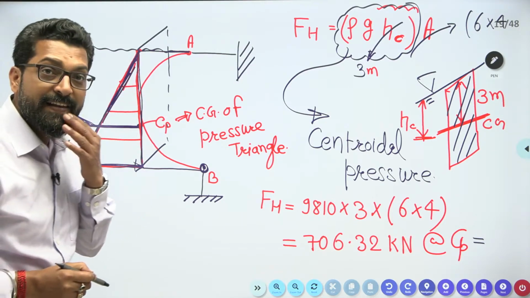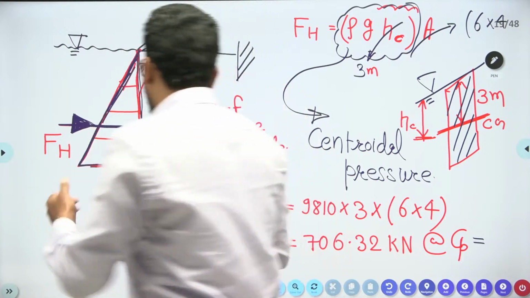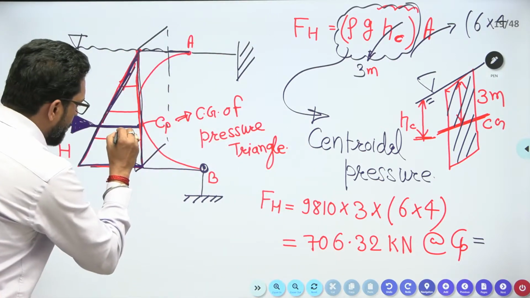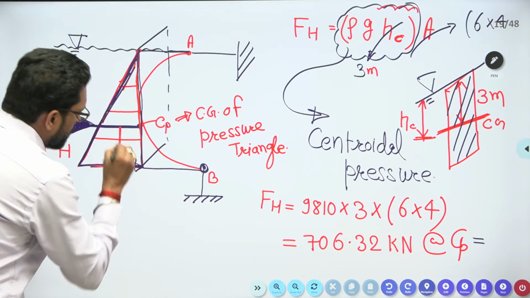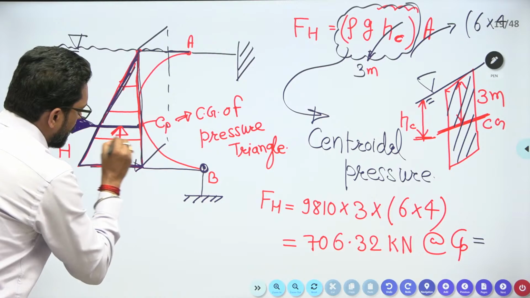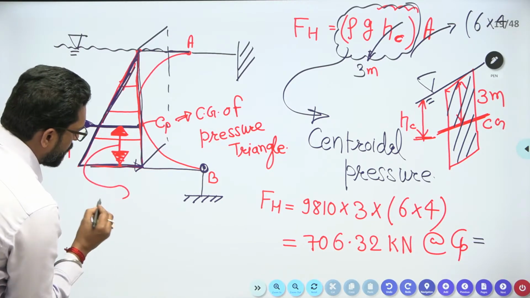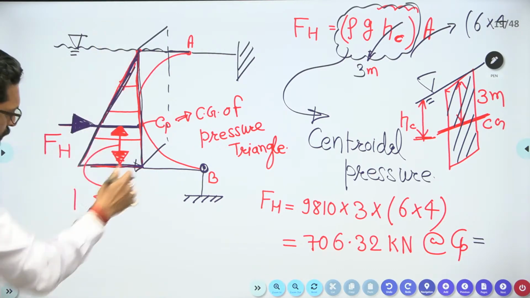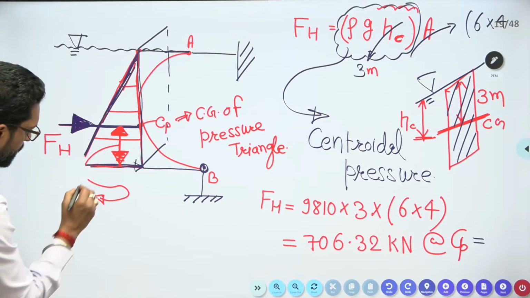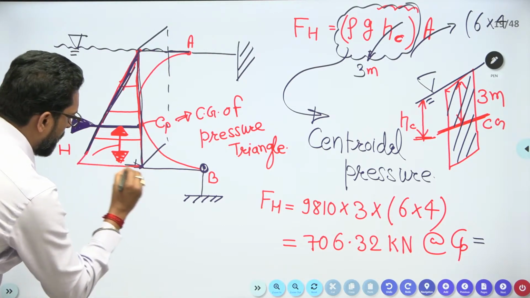From the base, it is h by 3. So if you take the base, this is at h by 3. Here h means the total height, you just write total height. No problem at all.